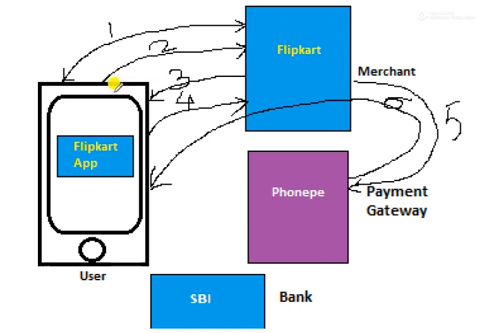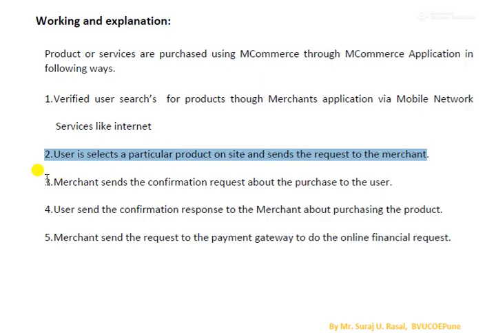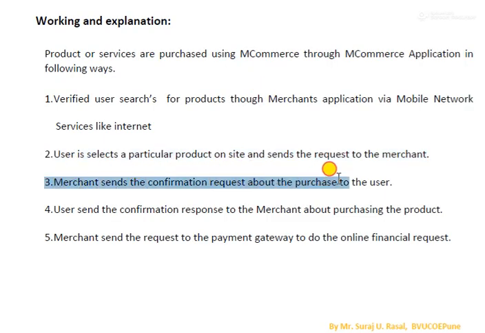When the user is ready to buy, the same request is delivered to the merchant. So this second step represents the user delivering the request to buy to Flipkart. The third step is: the merchant sends the confirmation request about the purchase to the user.